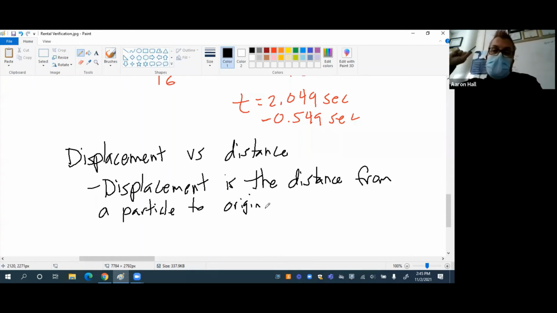What's the displacement? St. George is a little bit more than 300 miles south of Salt Lake City. Not as the crow flies, it'd actually be the drivable distance. So if I drive down to St. George, and let's say that it's 300 miles away, and then I turn around and come back to Salt Lake, what is my displacement from Salt Lake?